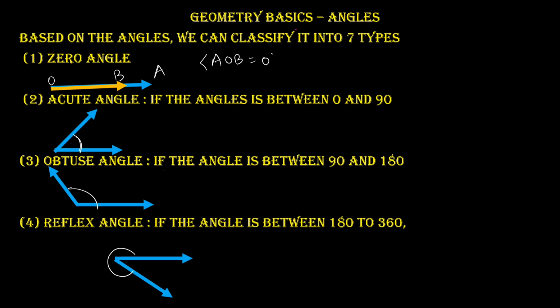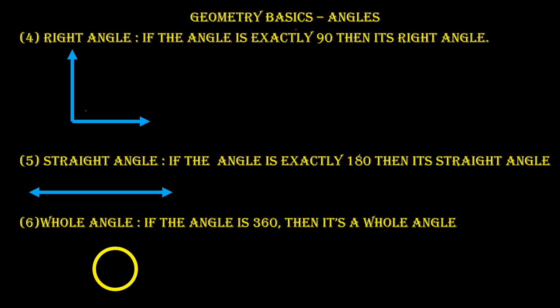Now the next one: if the angle is exactly 90 degree, then this angle is called a right angle. What angle? Right angle. If the angle is 180 degree, you see all the straight lines have the angle 180 degree.